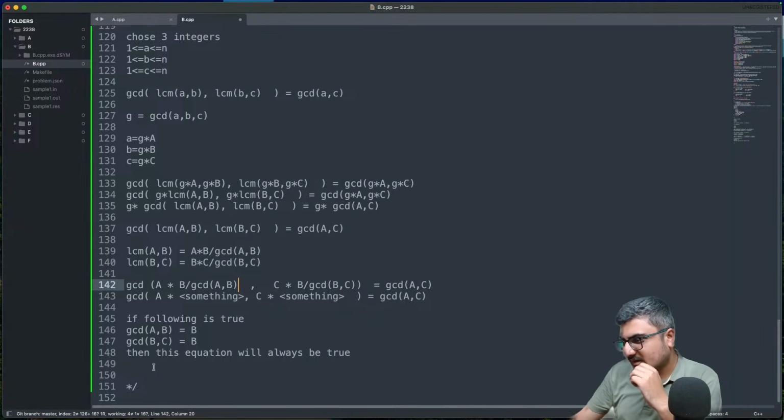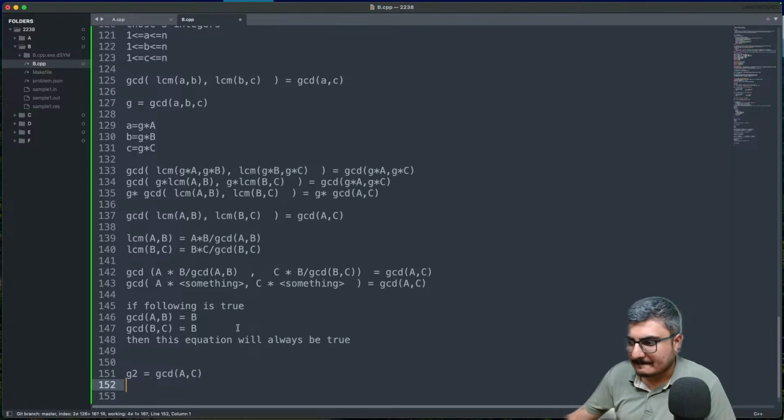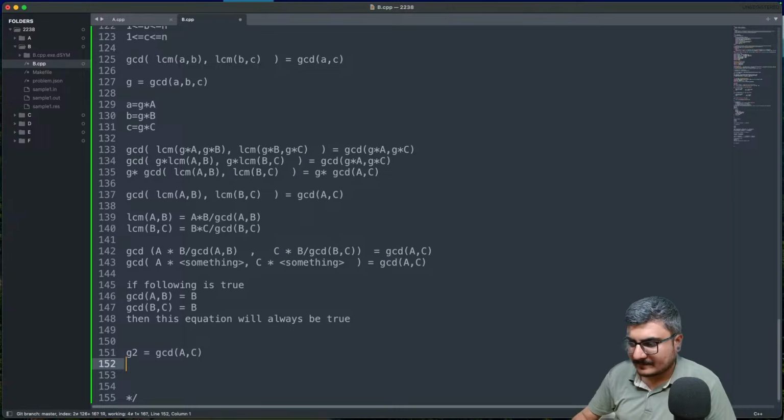Now, can I again put G2 in, let's say we have G2 equal to GCD of A comma C. Then let's call it A equal to G2 into A2, C equal to G2 into C2. That's fine. Now we are trying to simplify this part as well.